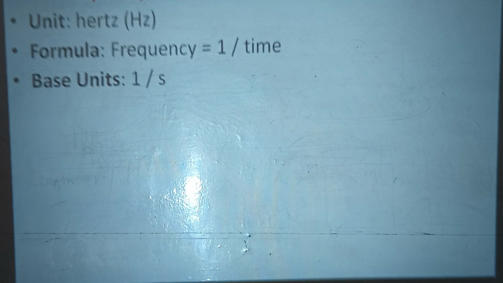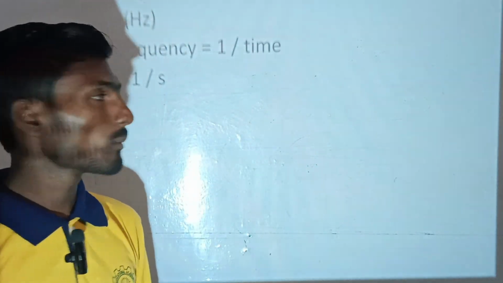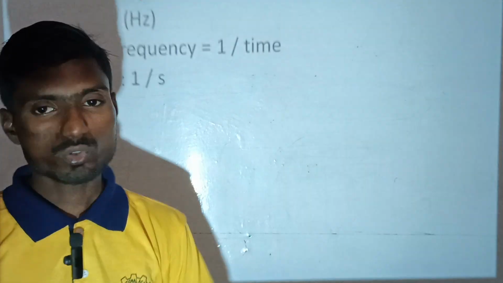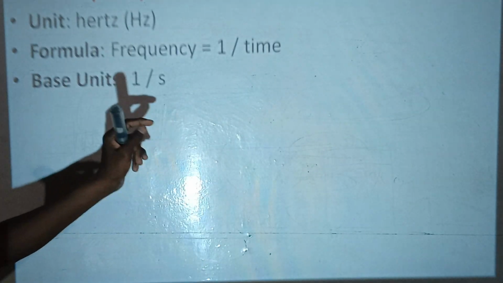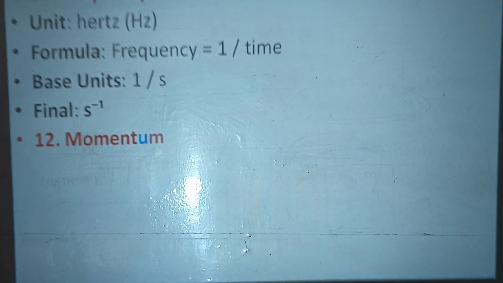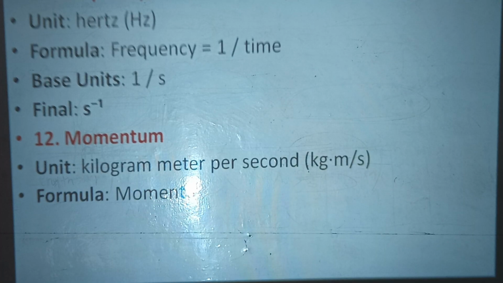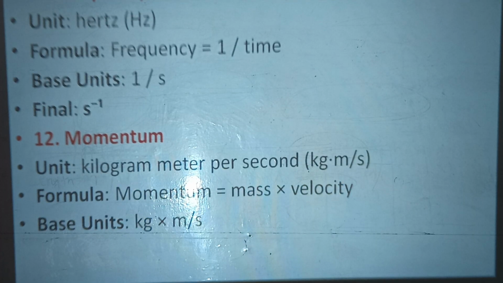If you take the formula of the frequency, guys, in different situations the formula of the frequency also changes. So here you can calculate 1 by time in seconds. The momentum unit is kg meter per second, the formula is mass into velocity, and the basic unit is kg into meter per second.